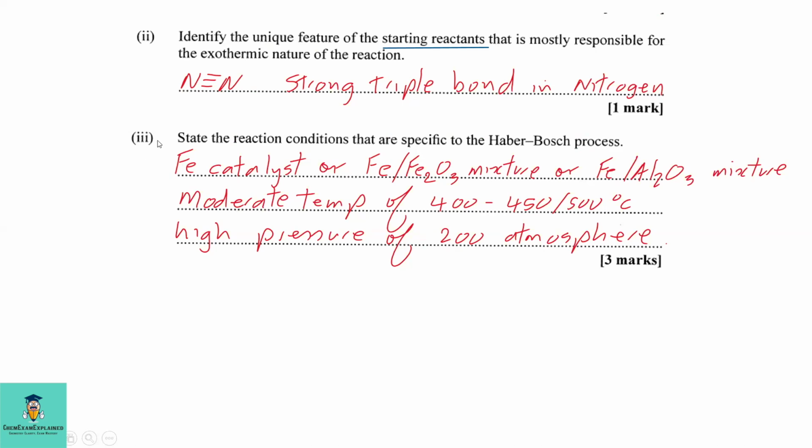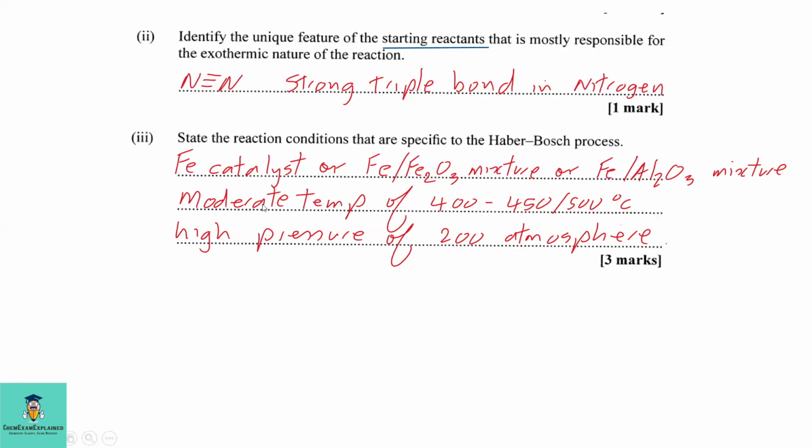Part 3. State the reaction conditions that are specific to the Haber-Bosch process. So let's first look at the catalyst. We have an iron catalyst, or a mixture of iron and iron(III) oxide, or a mixture of iron and aluminum oxide.